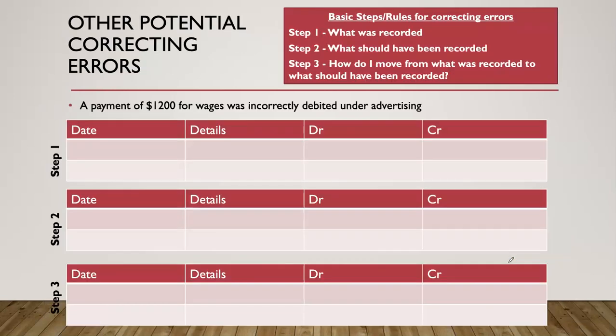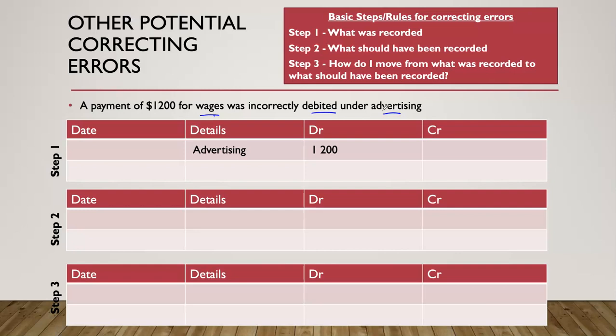But how do we get there? Step one, we're going to have to say what was recorded. In this case, what was recorded was advertising of $1,200 as a debit.